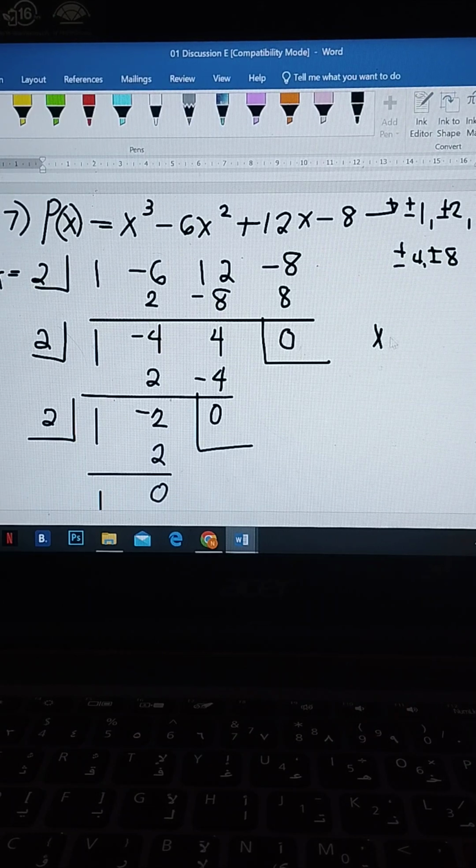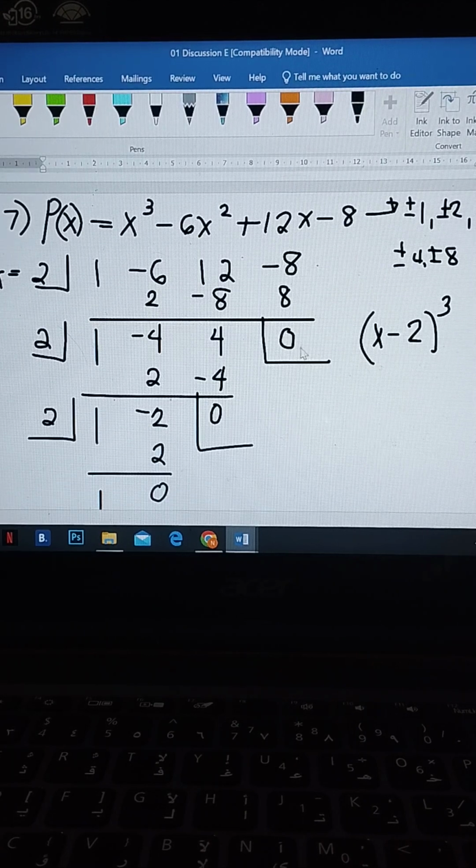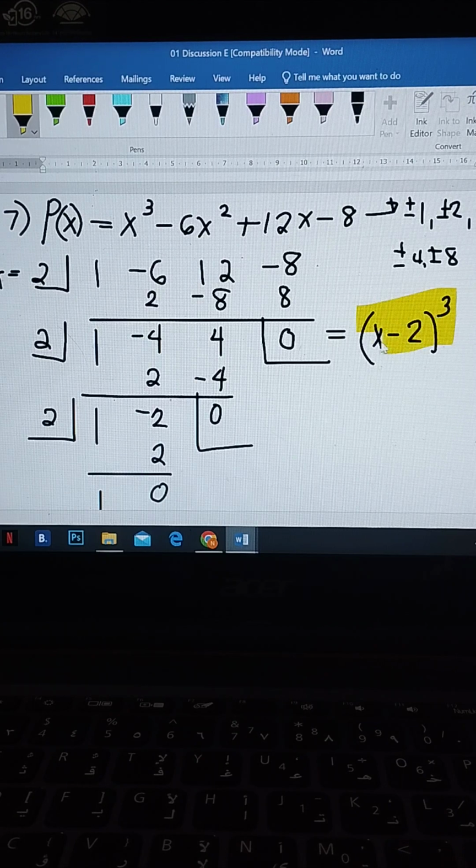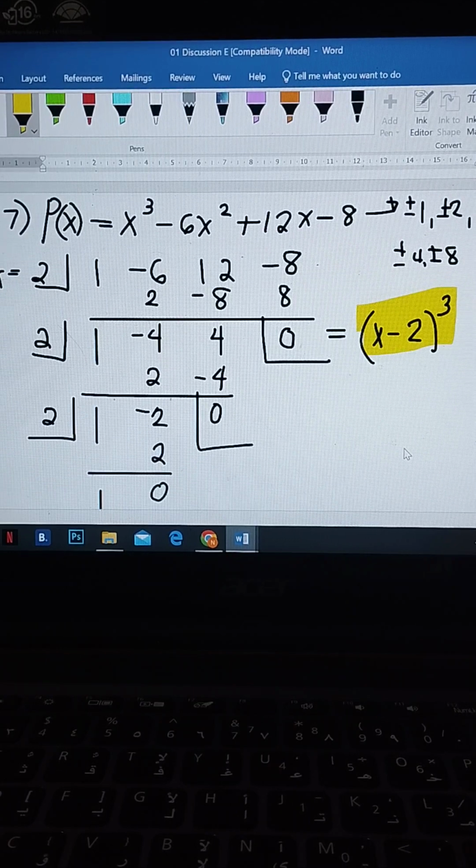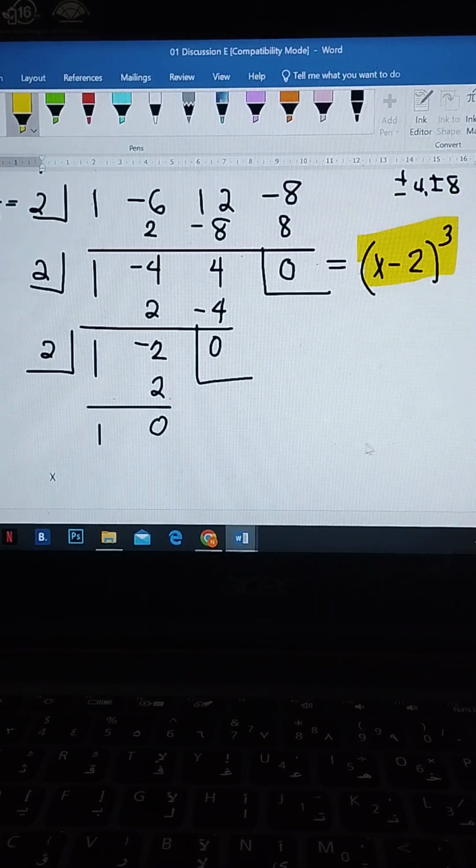So how many x minus 2? There are 3 x minus 2. So this is now the factor x minus 2 cubed of the polynomial. Or simply, you can rewrite x minus 2 times x minus 2 times x minus 2 in expanded form.